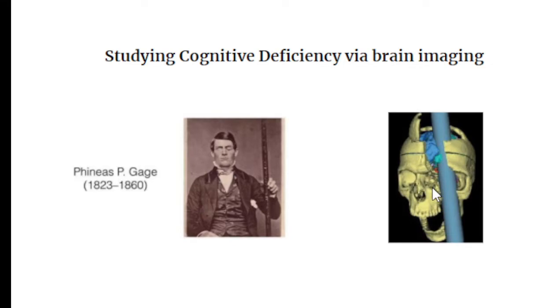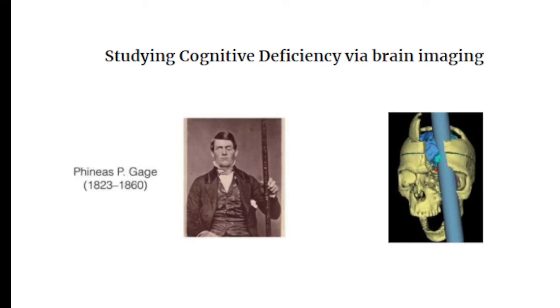The parts that are related to all of these things, thinking, memory, language, social behavior, are all shrinking, and that is what leads to the condition. And we know that just because of these brain imaging techniques. So these are some examples, and now brain imaging is extensively used to study the brain and to study various diseases.